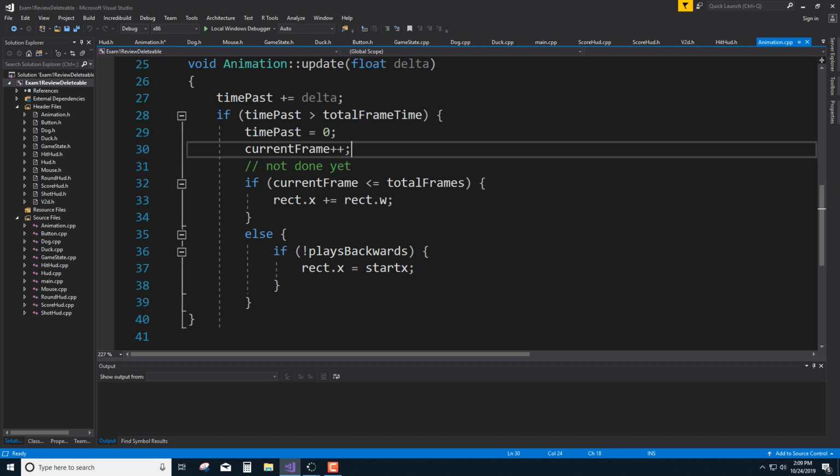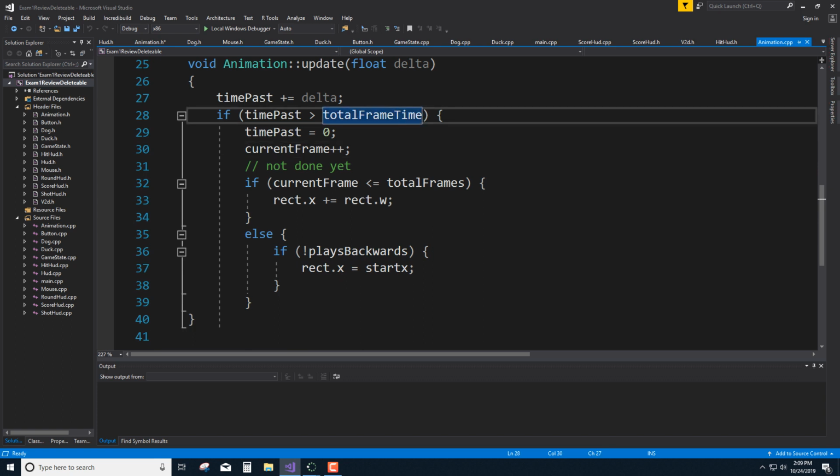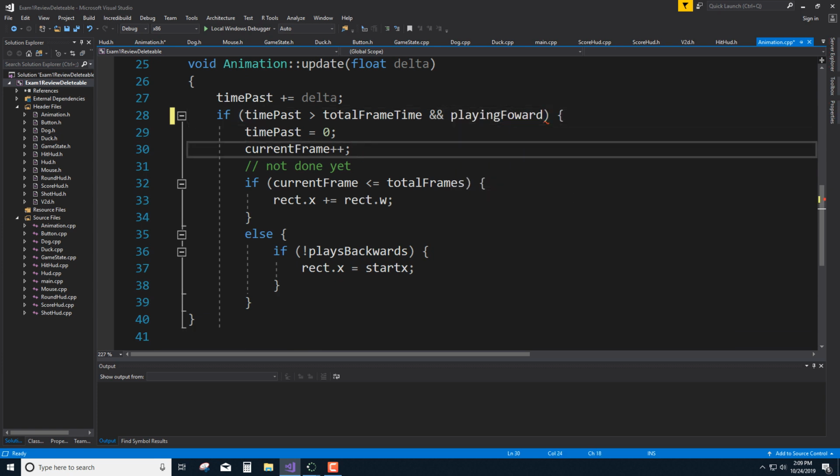Okay, so now, if the time has passed, and playing forward, then we do these things.